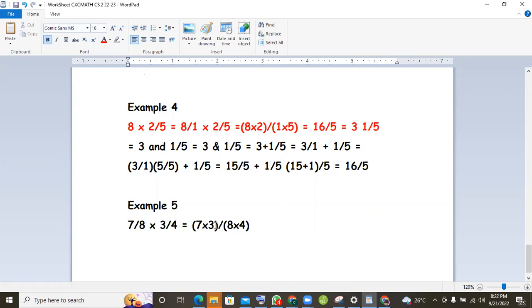Numerator times numerator over denominator times denominator. 7 3s will give us 21 over 8 4s will give us 32. And this cannot be reduced, can it? No. So it will stay as 21 over 32. Multiplication of fractions is very simple.